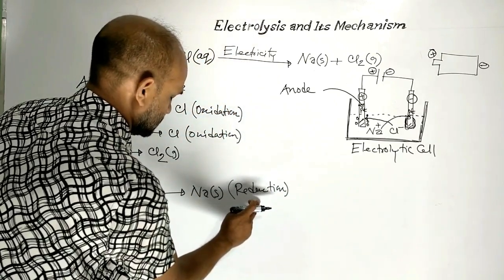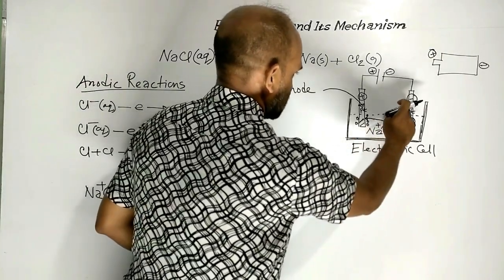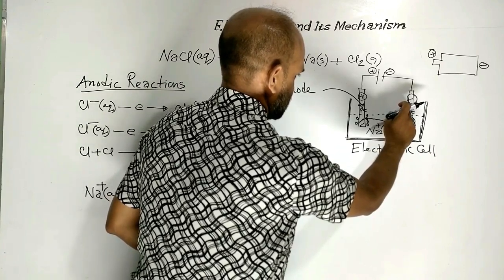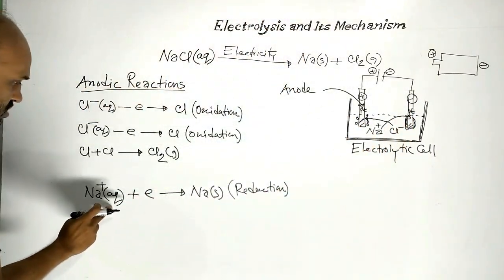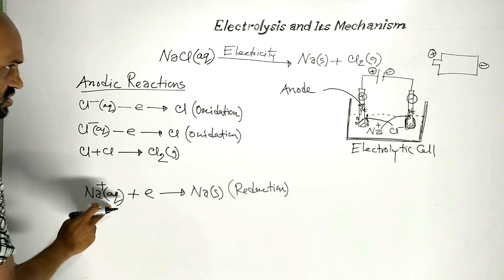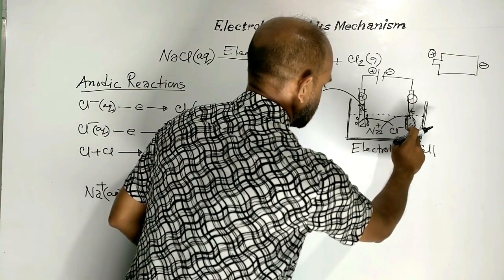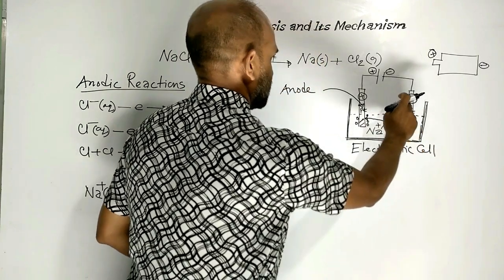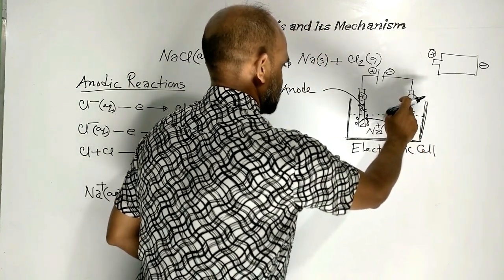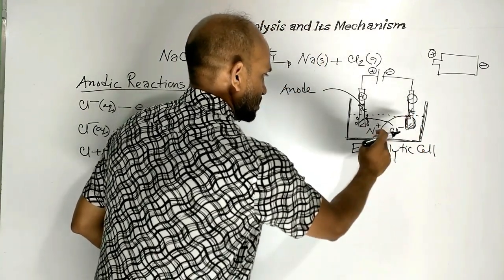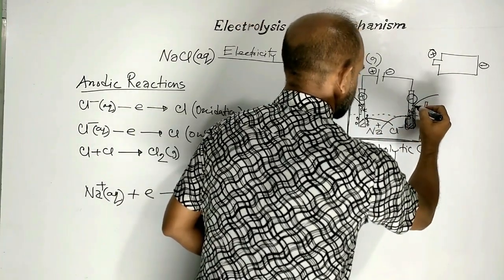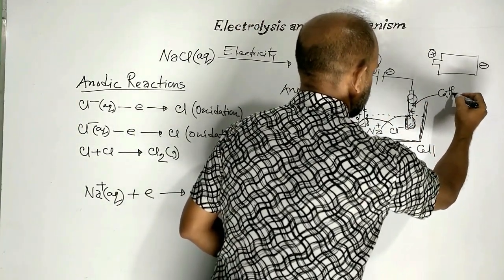That is, at the metallic bar which is negative in charge, reduction reactions occur. The metallic strip in which reduction occurs is called the cathode.